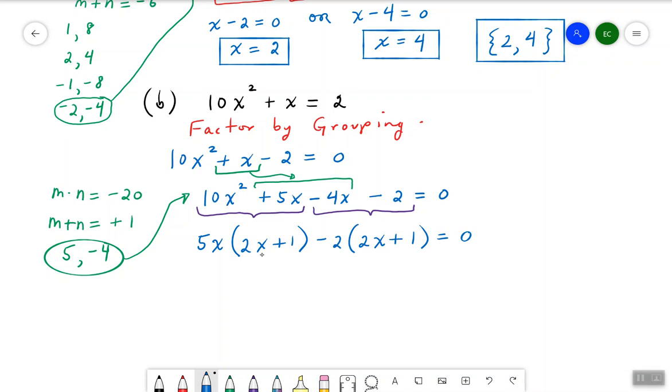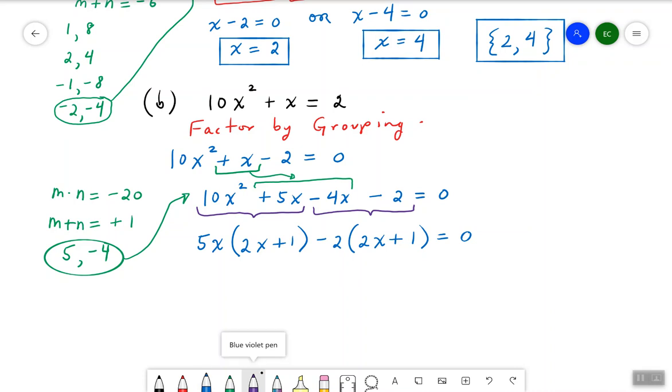This is a really important point in the problem. Here at this step, you see that what was left over in the first set of parentheses is 2x plus 1, and in the next set of parentheses, it's exactly the same thing. If factor by grouping is working, then the two sets of parentheses will contain the same expression. If you have a different expression in the two sets of parentheses, then you know there's a mistake.